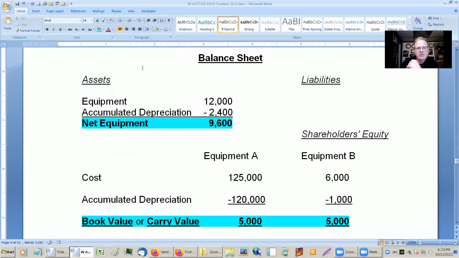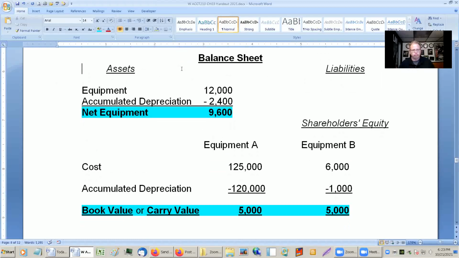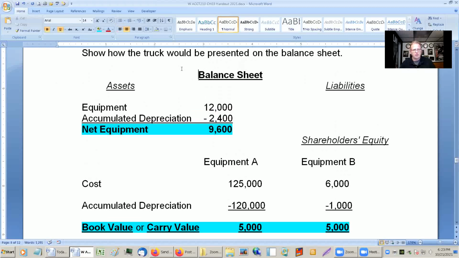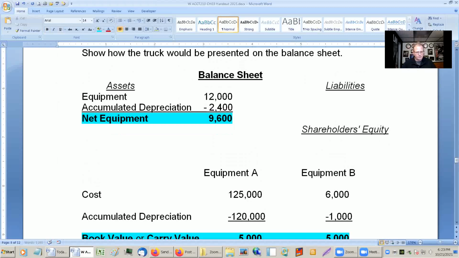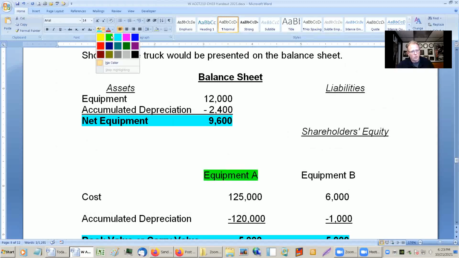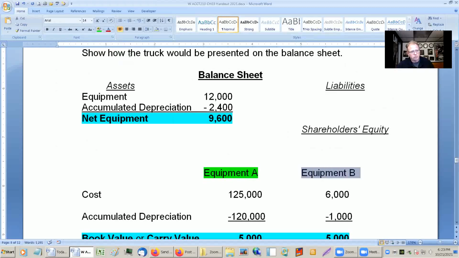Okay, looking at these two, I'm gonna move this stuff up here. So we have equipment A, equipment B. Which one is older, most likely? A. Yep.